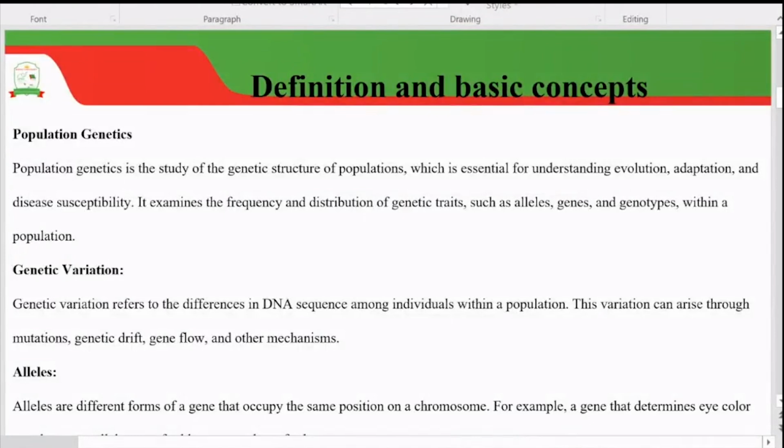In other words, it refers to the differences in the DNA sequence among individuals within a population. This variation can arise through mutations, genetic drift, gene flow, and other mechanisms.